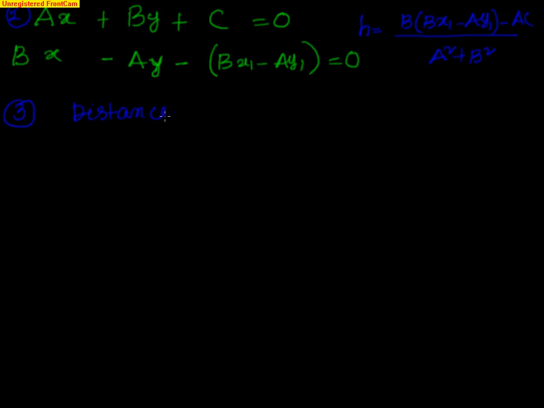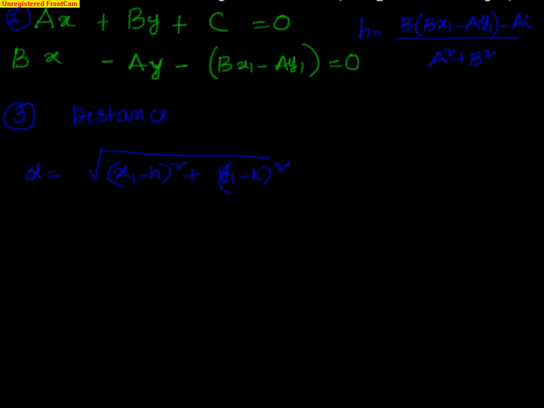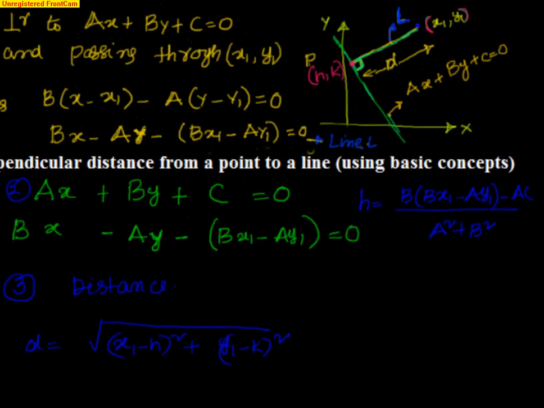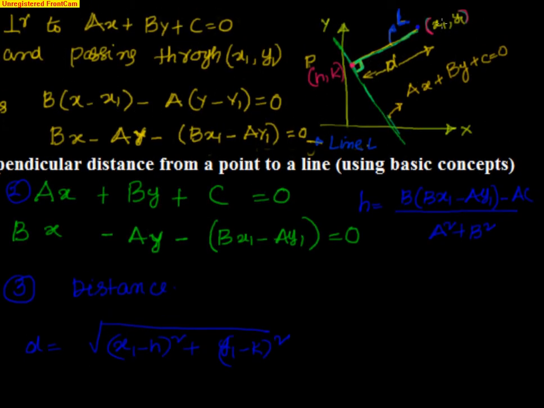Okay. Now what is the distance? D is equal to square root of x1 minus h whole square plus y1 minus k whole square, right? Okay. Distance is nothing but x1 minus h whole square plus y1 minus k whole square.